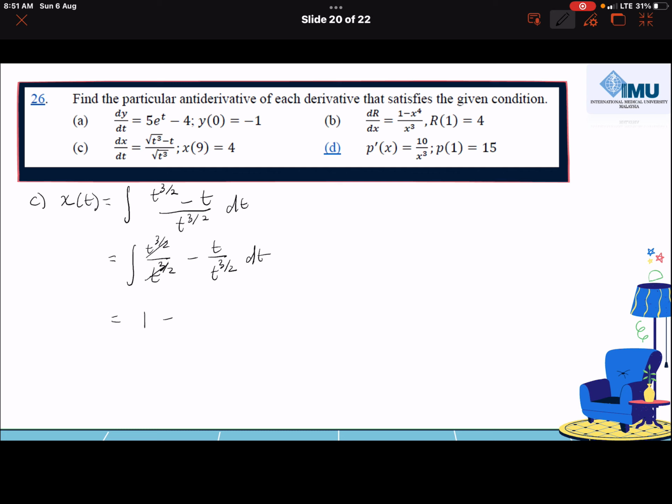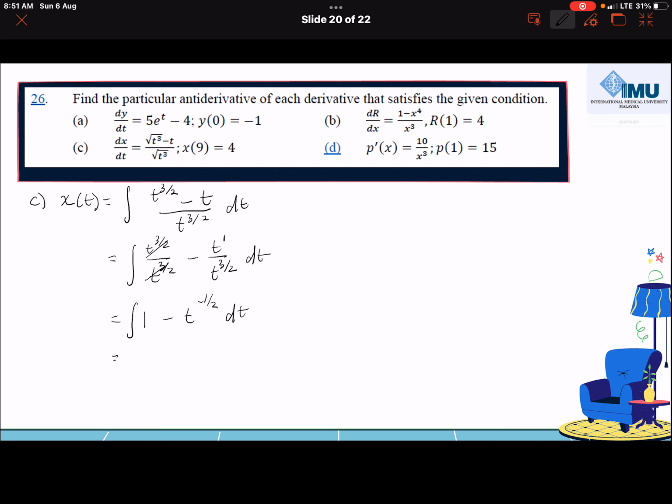If you notice, the first term can be simplified, making it as 1 only. Meanwhile, the second is t to the power of 1. If you bring the same base together, the power will be deducted. So 1 minus 3 over 2 will give you negative half. Now you do not integrate yet, you just simplify.